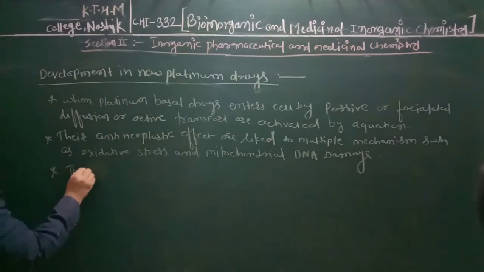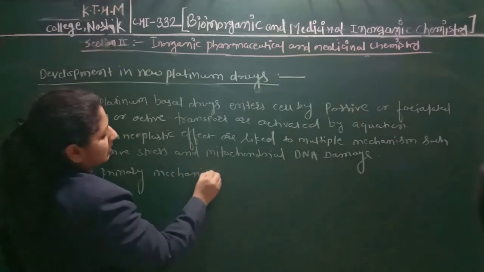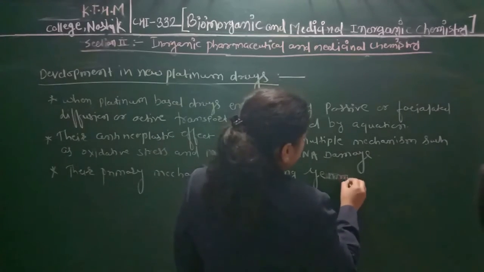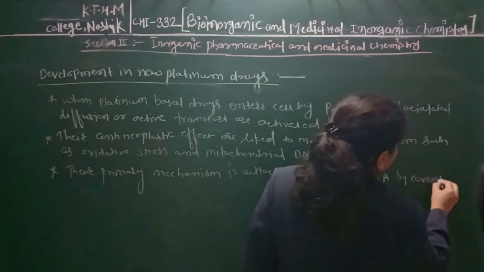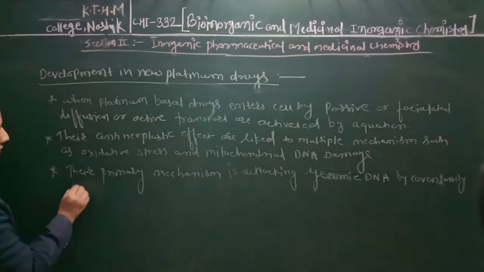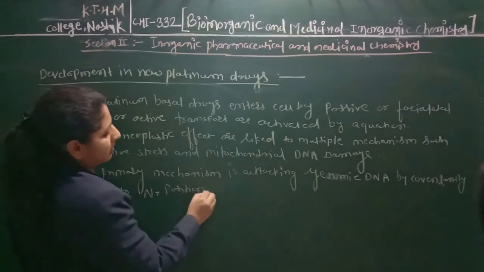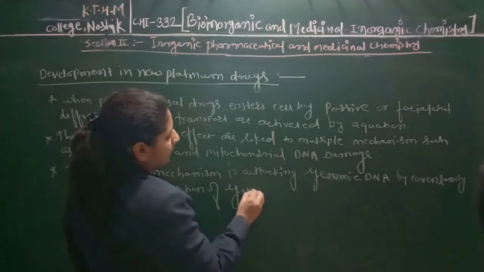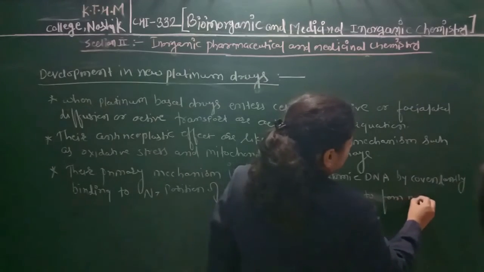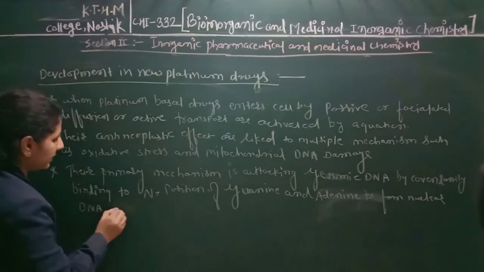Firstly, their primary mechanism is attacking genomic DNA, covalently binding to the N7 positions of guanine and forming nuclear DNA adducts.